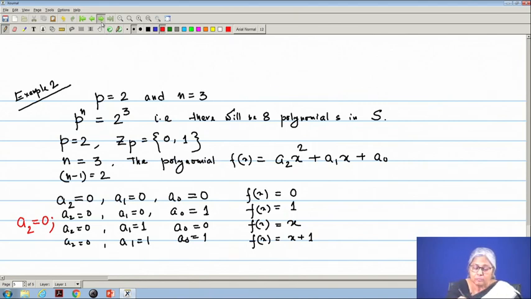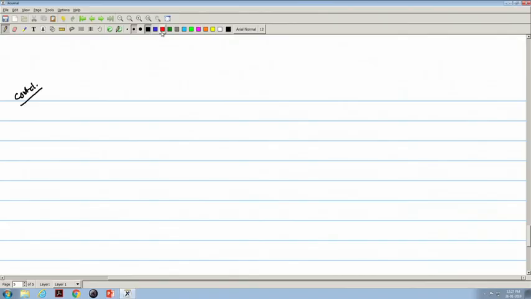Now, we do the same thing for a2 equal to 1.